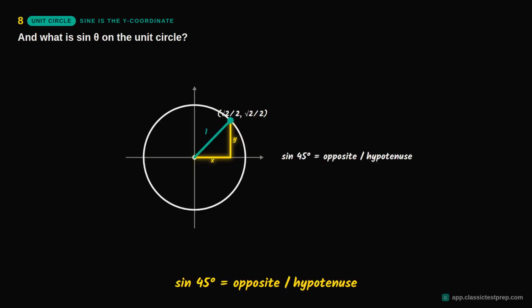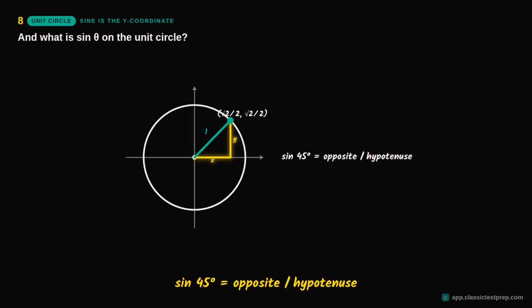So this is a huge takeaway both for your CLT and other standardized tests and math class. Cosine of theta in the unit circle corresponds to the x-coordinate because the x-axis is the adjacent side to that central angle theta.